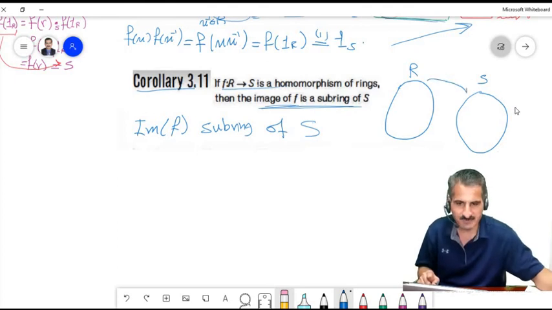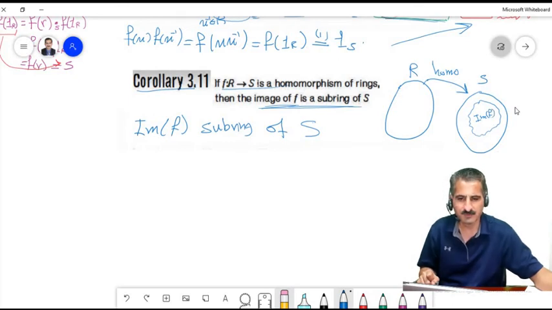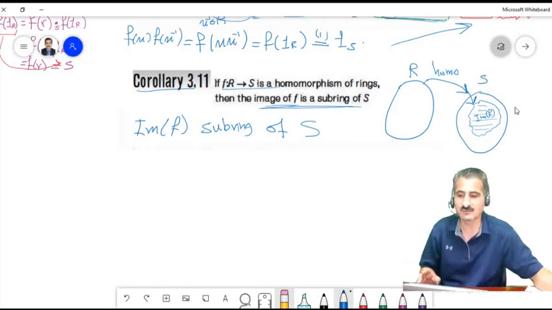So if this f goes from here to here, and it is only a homomorphism, we are not saying it's surjective or whatever. The image of R might not be all of S, it might be a subset of S, which is the image of f. We are saying this set here is not only a subset, it is also a subring.